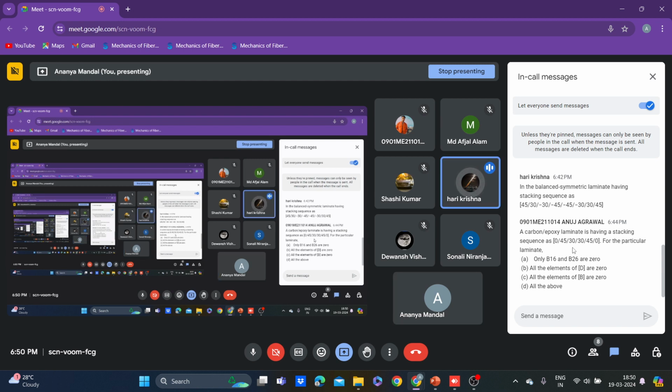Ma'am, in problem number 2, in the assignment they are asking Young's modulus. They have given a longitudinal modulus and Young's modulus. I didn't understand.